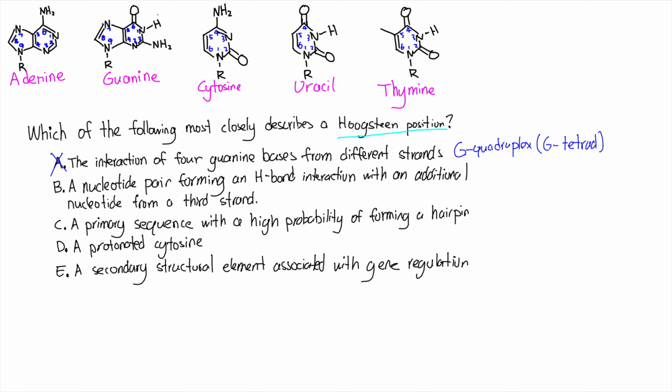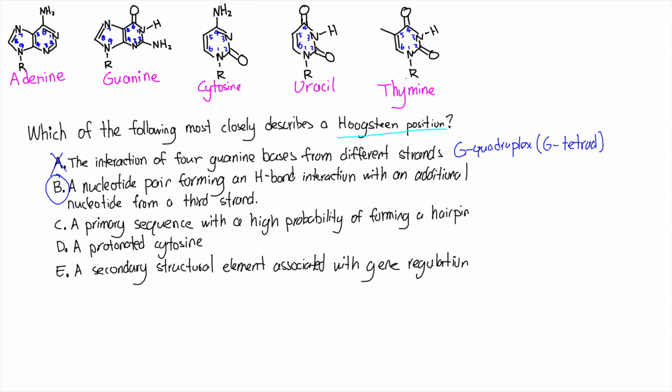So you can have guanine base pairing with cytosine, but the Hoogsteen face over here is still going to be exposed, and it's going to be able to form an additional hydrogen bond with a third nucleotide, forming something called a triplex DNA. So this one is the correct option.